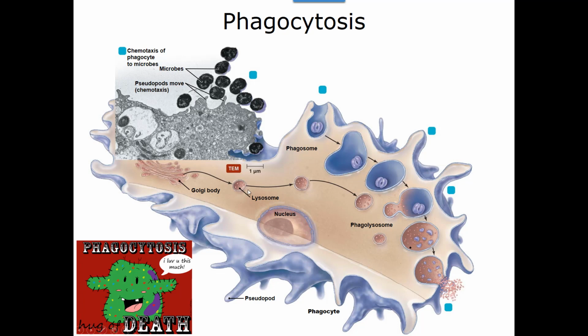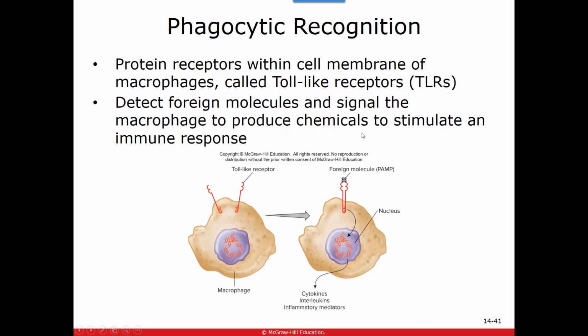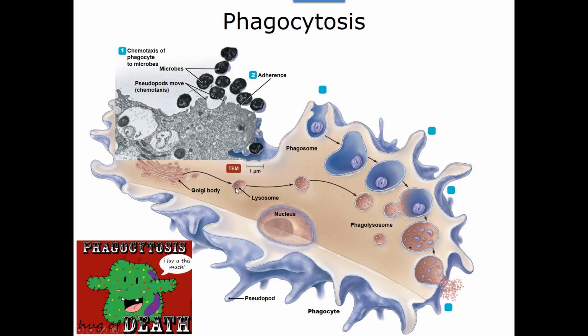Then they're going to have to stick. So they're going to attach, and that could be the attachment of toll-like receptor to foreign molecule, but there are receptors on there. So we're going to have the attachment, then we're going to ingest it. They are going to go around, and it puts these little extensions up to wrap itself around that foreign object and bring it in. So it eats it.